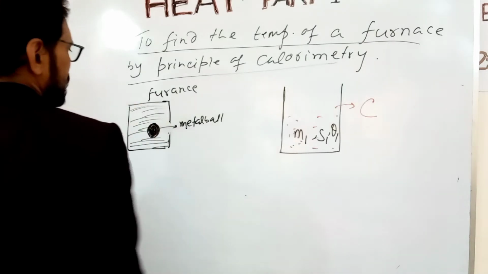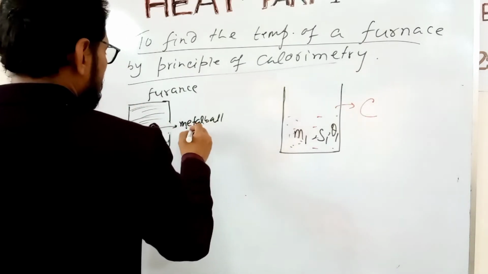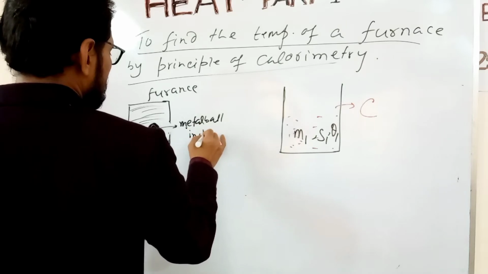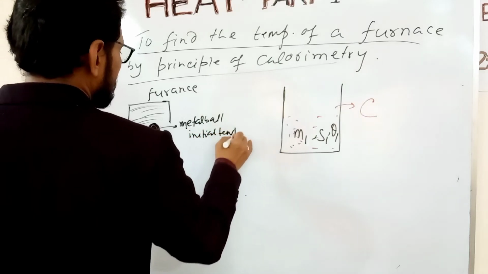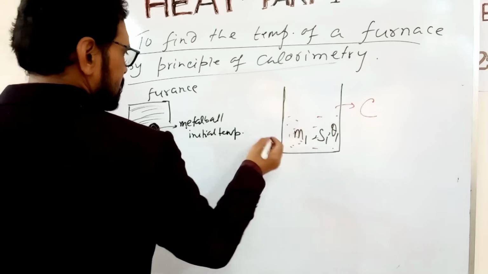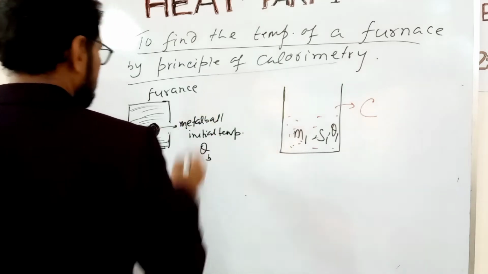The initial temperature of the metal ball is suppose theta B.